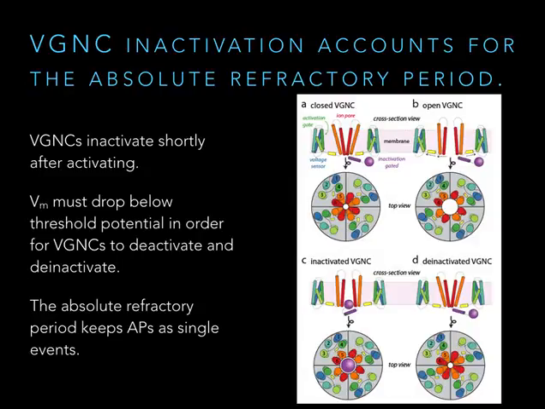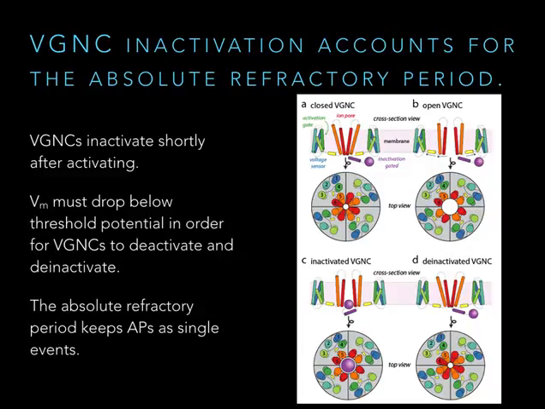So once the inactivation gate blocks the pore, we must drop below threshold potential and allow de-inactivation. Otherwise, the pore is blocked. You can depolarize all you want, but you're never going to get a robust sodium current because of that inactivation gate. Okay, so this creates the absolute refractory period. No ifs, ands, or buts. You're never going to fire another action potential in the absolute refractory period. You must drop below threshold and de-inactivate your voltage-gated sodium channels.